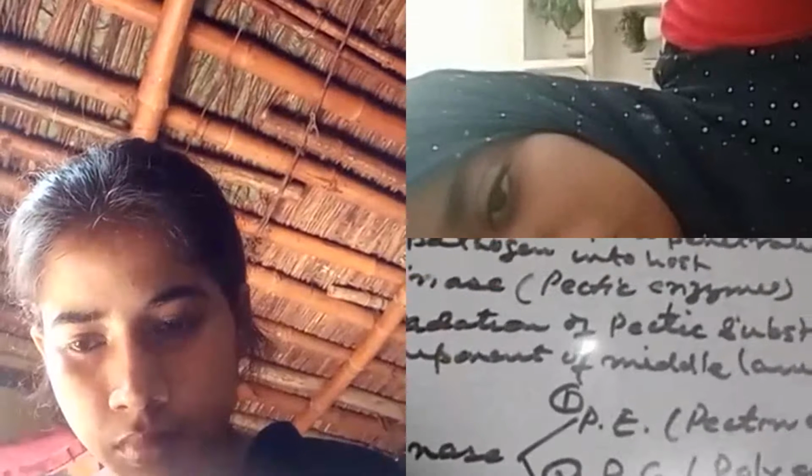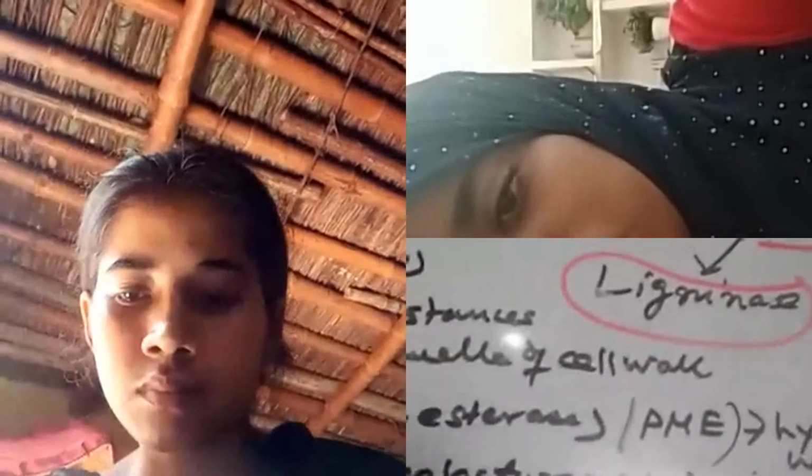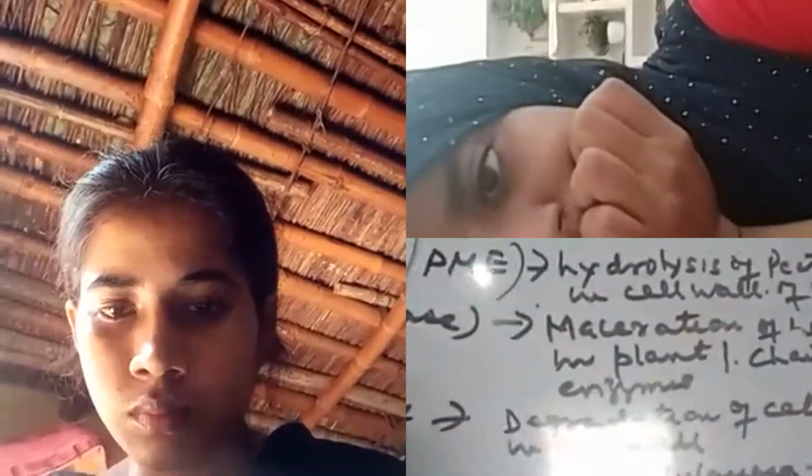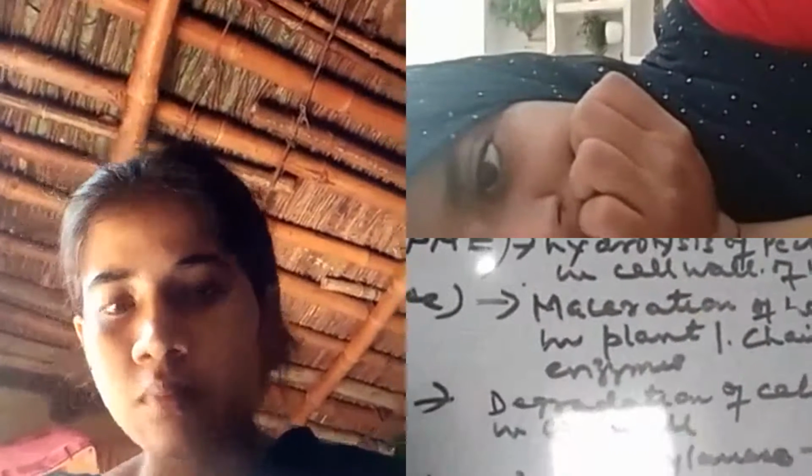Now look at the third enzyme. These are the cellulolytic enzymes, which are of two types: cellulase and hemicellulase. Cellulase brings about degradation of the cellulose present in the cell wall, whereas hemicellulase, which is of two types, xylanase and arabinase, brings about the catalysis of the hemicellulose component of the cell wall.